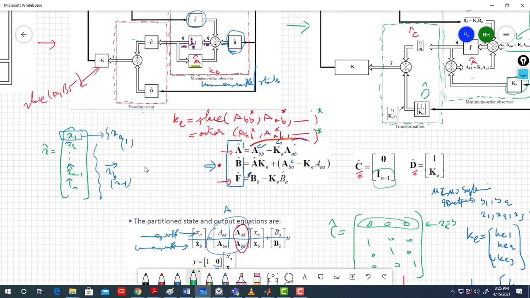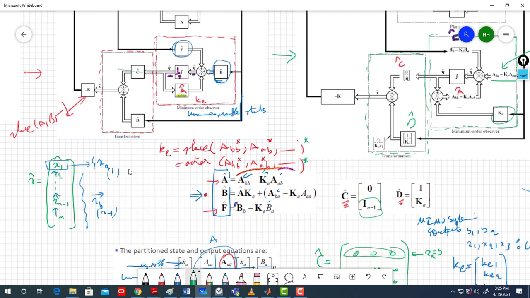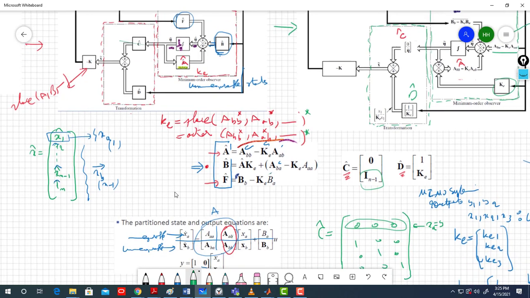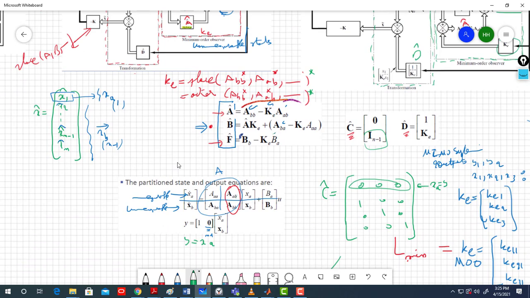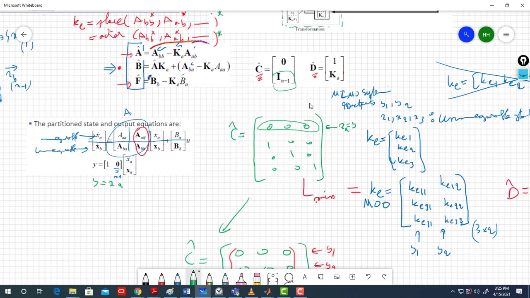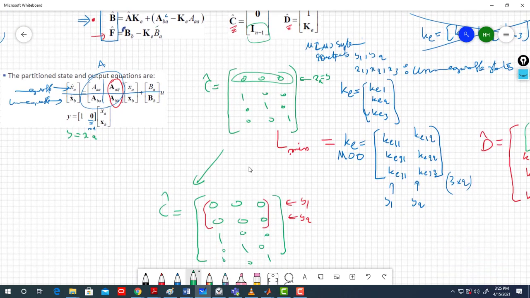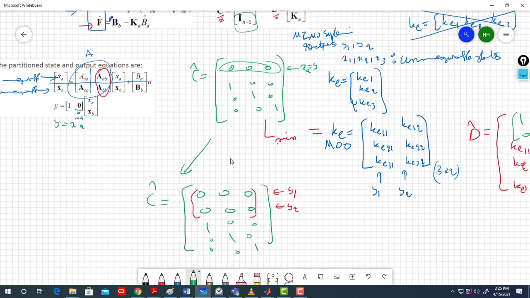As a summary, you need to find A hat, B hat, F hat, C hat, and D hat simply by rearranging your system dynamics into measurable and unmeasurable states. And here I give you a good example to see how they look in a MIMO system.